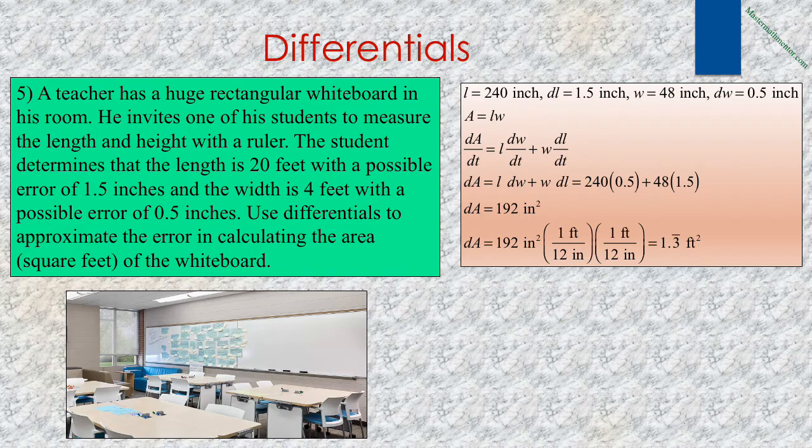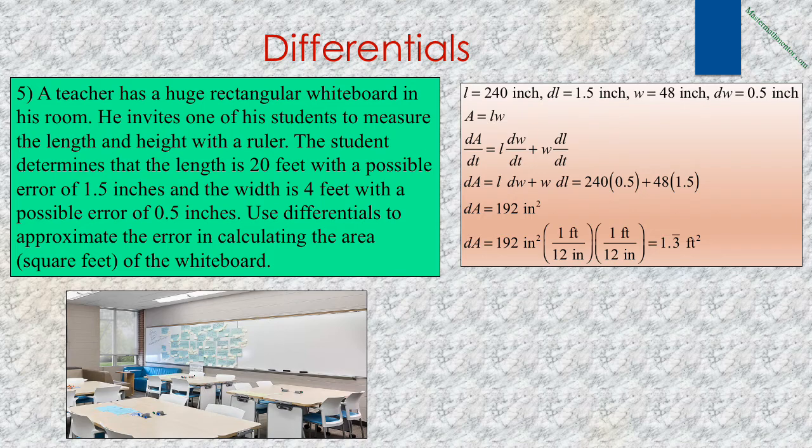Therefore, dA/dt equals L times dW/dt plus W times dL/dt. That variable t doesn't matter because we're going to multiply both sides by dt to get the differential form. dA is equal to L dW plus W dL.